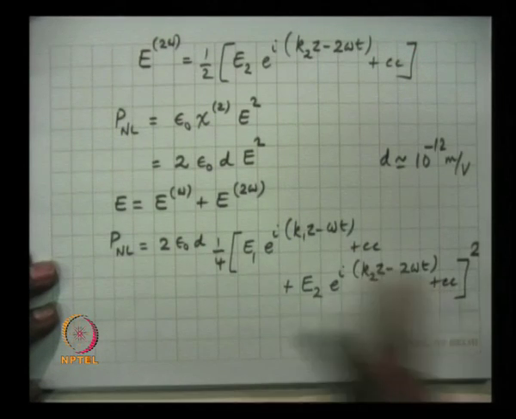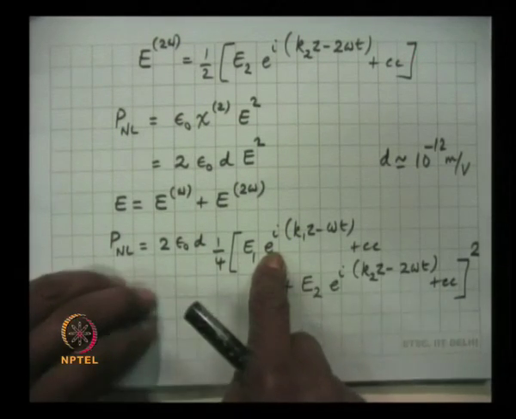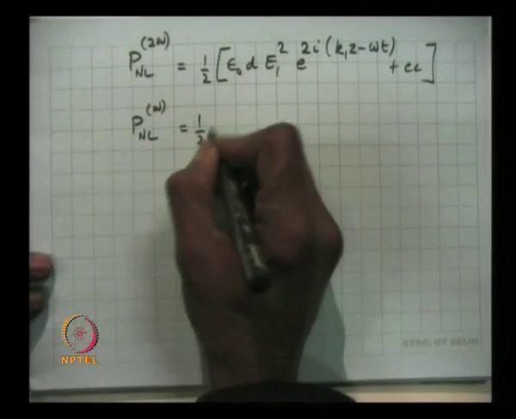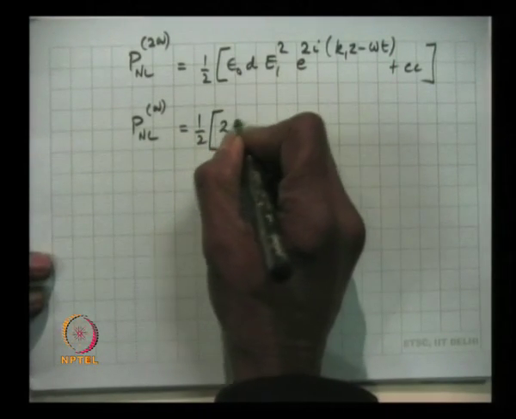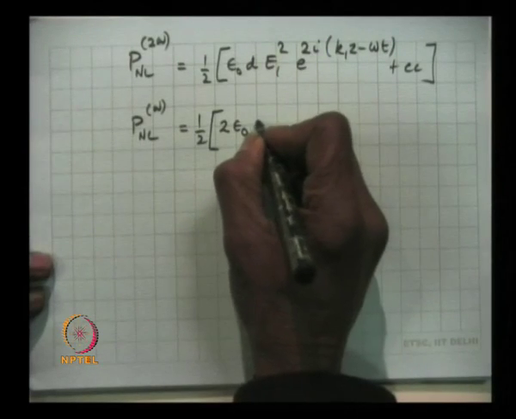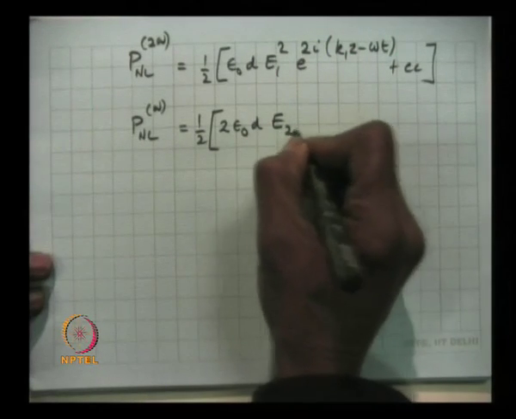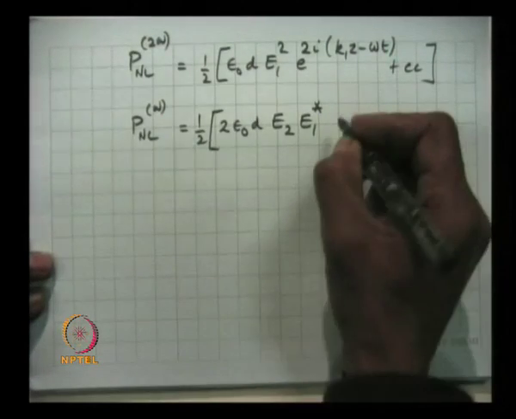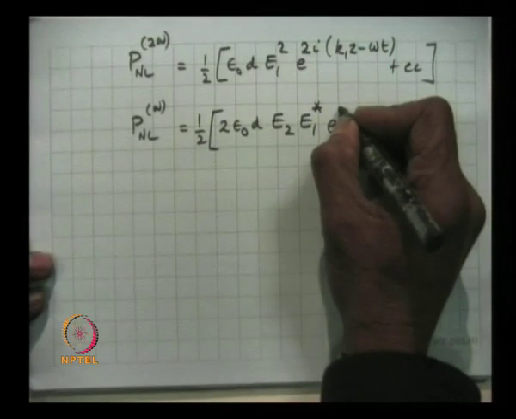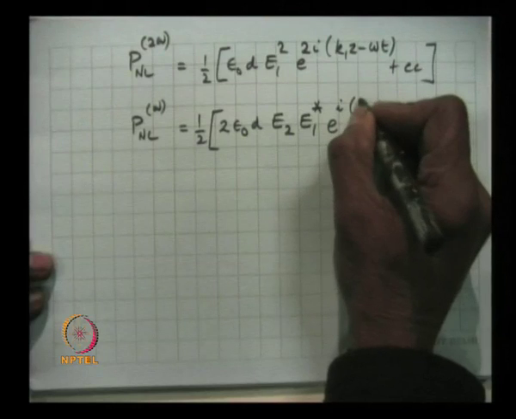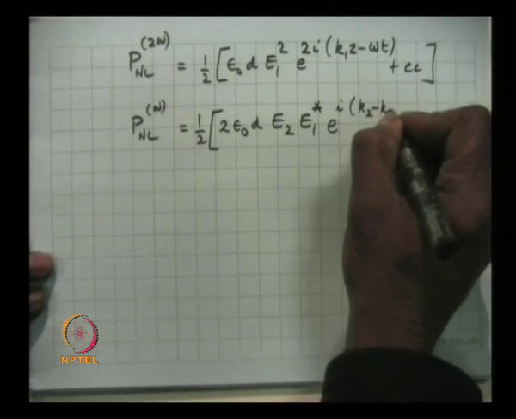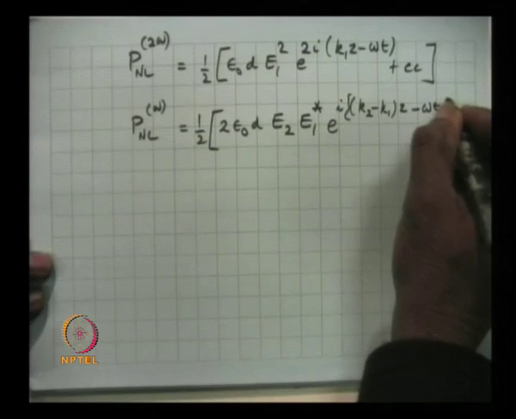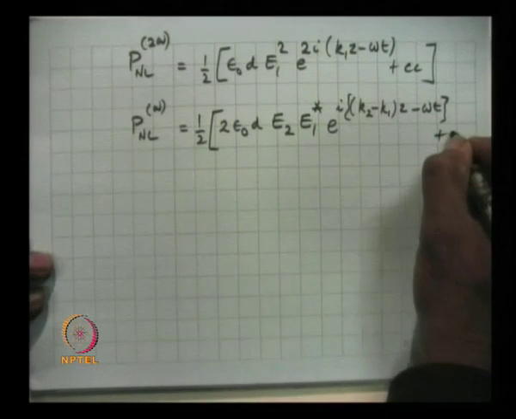Similarly, this into its complex conjugate. So, I will have essentially half of 2 epsilon 0 d E 2 E 1 star, where star represents complex conjugate, and what will be the exponential term? I will have exponential i k 2 minus k 1 z minus omega t plus complex conjugate.